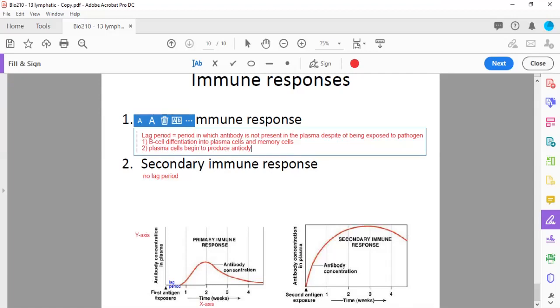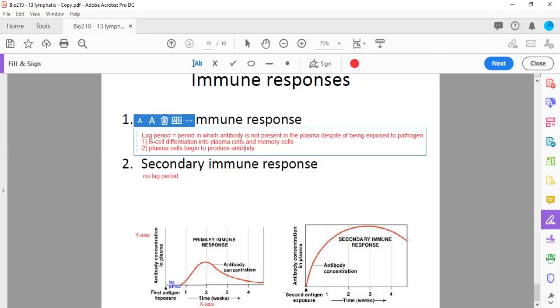If you want to say 4, that's fine. In the first graph on the left, number one represents the first week. So when you look at where there's a gradual rise in the antibody, that is about day 5 or day 4. It doesn't really matter. But the plasma cells begin to produce antibody, and it takes time to produce antibody.